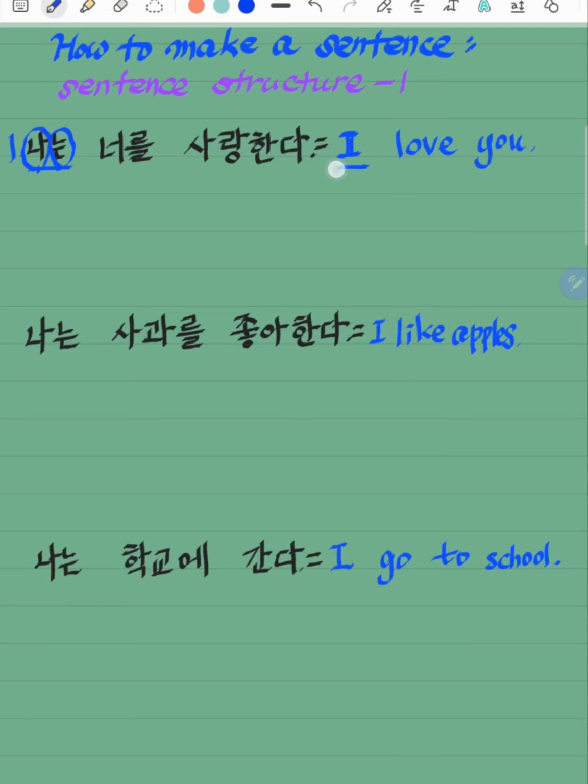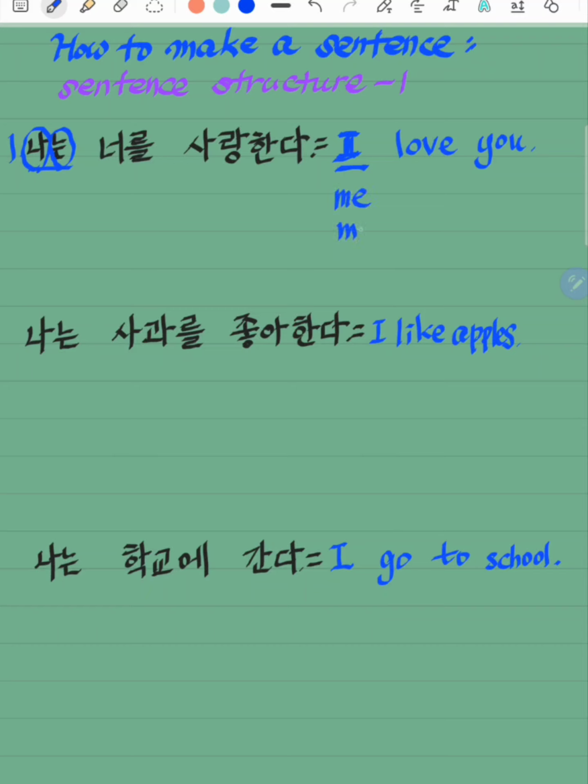What I mean is, in English, when you put I in front of a sentence, it's always a subject, right? And when you want to make an object, you have to use me, right?